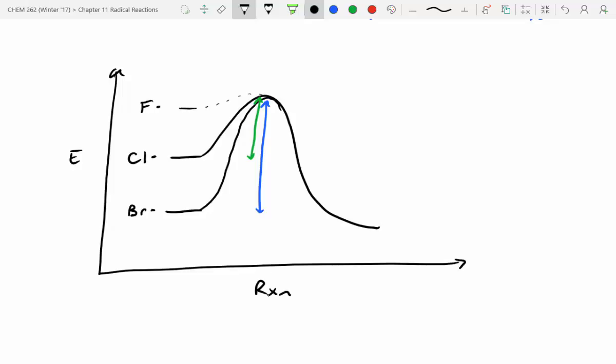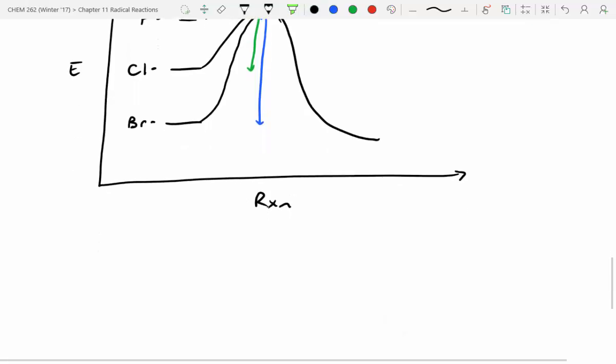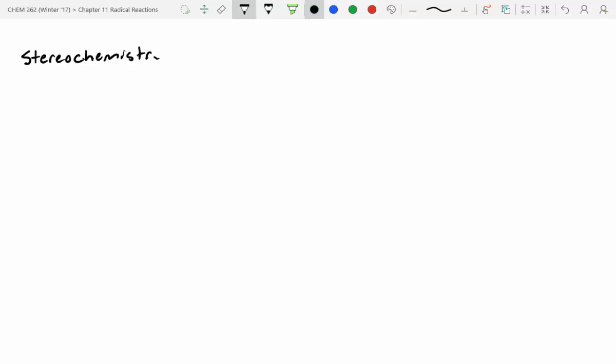All right, so let's change gears. We talked about stereochemistry. Let's finish off talking about, or we've just finished talking about regiochemistry. Let's talk about stereochemistry. Let's take this example.